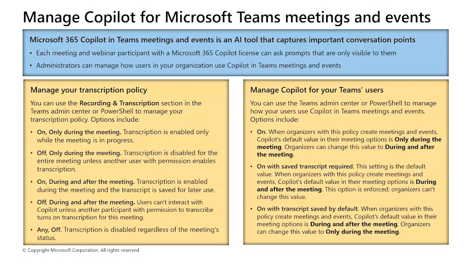Microsoft 365 Copilot in Teams meetings and events can capture important conversations, and admins can manage how users in your organization use Copilot in Teams. Participants and organizers can learn things like who said what and where people agree or disagree.